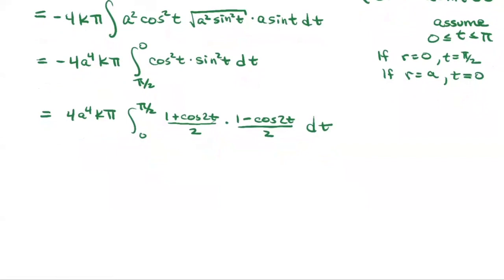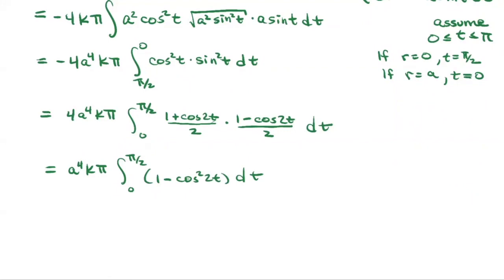And that's the difference of squares. The 2's will cancel the 4, so we're just going to get a to the 4th k pi integral from 0 to pi over 2 of 1 minus cos square dt. Okay, that's not too bad.